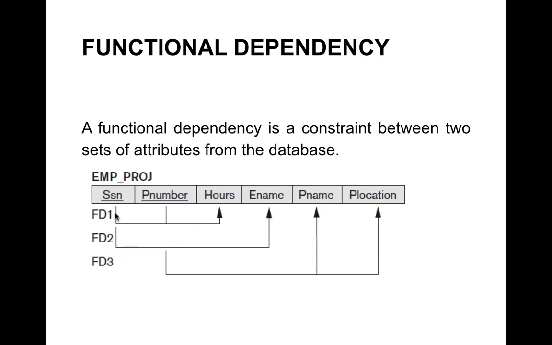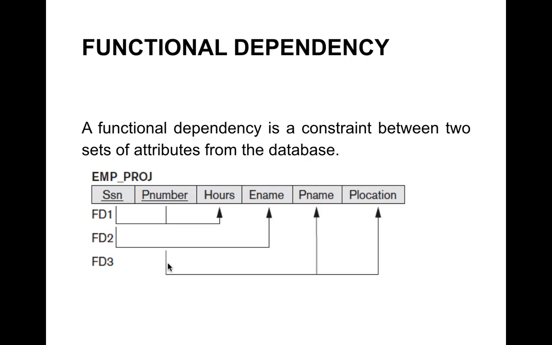Similarly, if you know SSN and P number, SSN value and project number, we can know how many hours that particular employee is working on that project. Or we say hours is functionally dependent on SSN and P number. Similarly, if you know the project number, we can get the project name and project location. So we can say P name and P location are functionally dependent on P number.